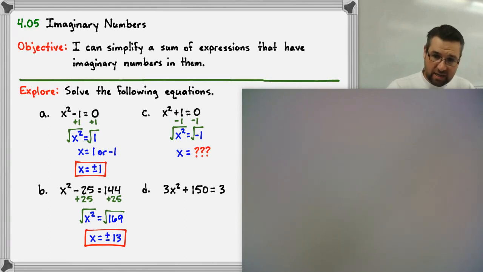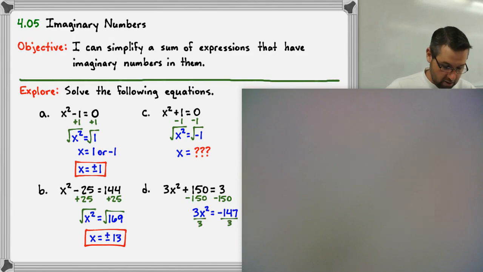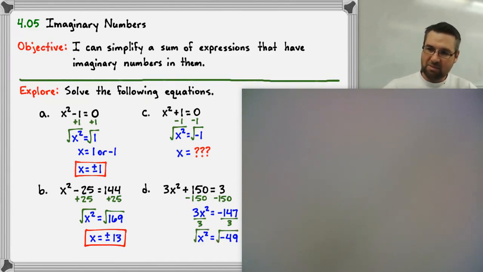So let's look at D. Well, the first step here would be to subtract 150. And we end up with 3x squared equals -147. And then from here, we have to divide by 3 because we have to get rid of that multiplying by 3. And so we end up with x squared equals -49. Then we square root both sides. And again, what number times itself can give you a -49? I know you're thinking 7, but 7 times 7 is +49.